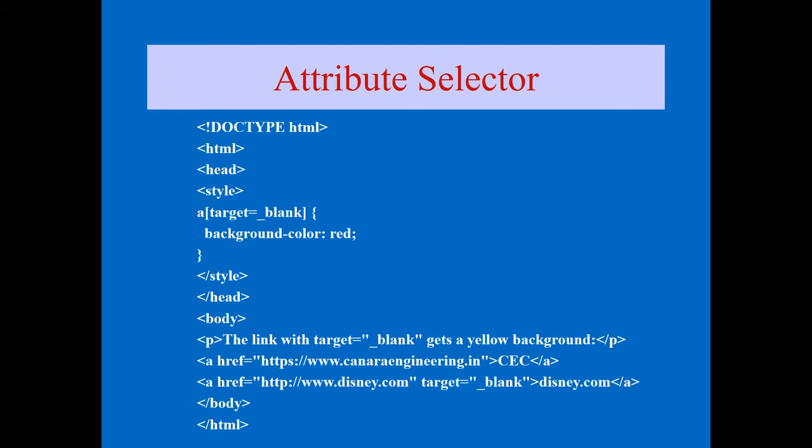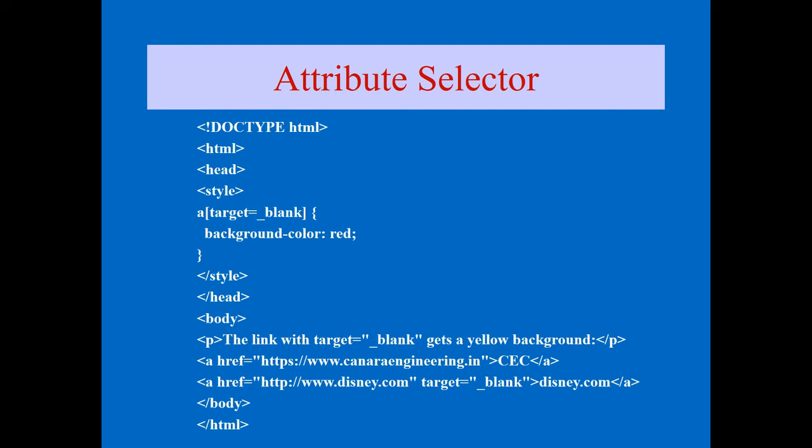But coming to disney.com, I already used target equal to blank. Why target equal to _blank? That is required to open the page in a new tab. So when you see the output of this page, the disney.com background color will come red. Why will that come red?